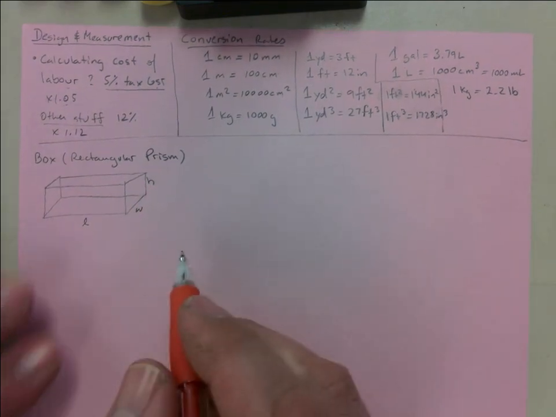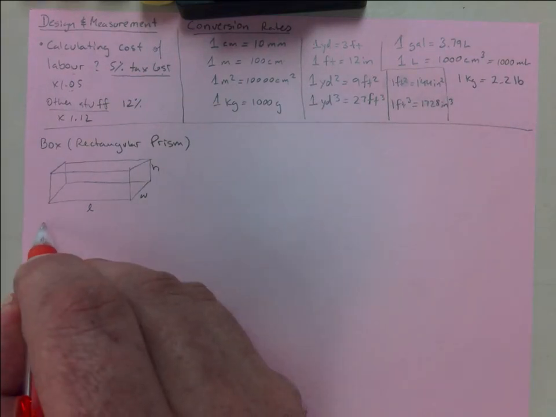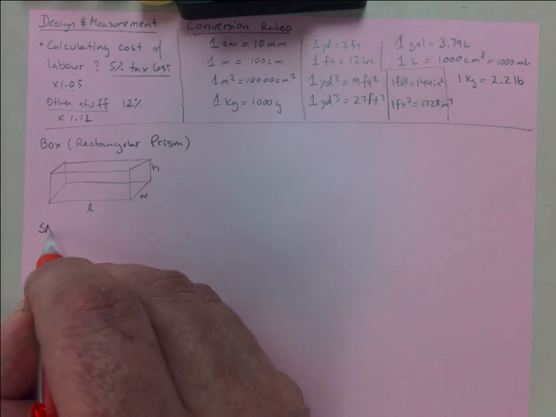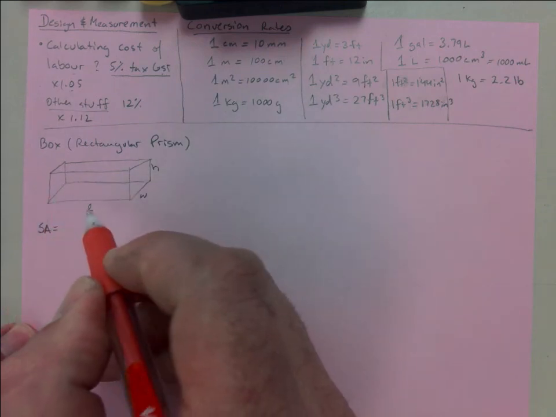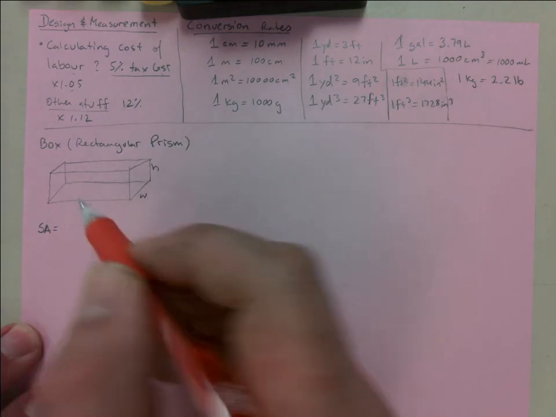Okay, so I'm going to do it underneath and do the other shapes here. You have what we call the surface area of all surfaces, so top, bottom, sides, front, and back, right?